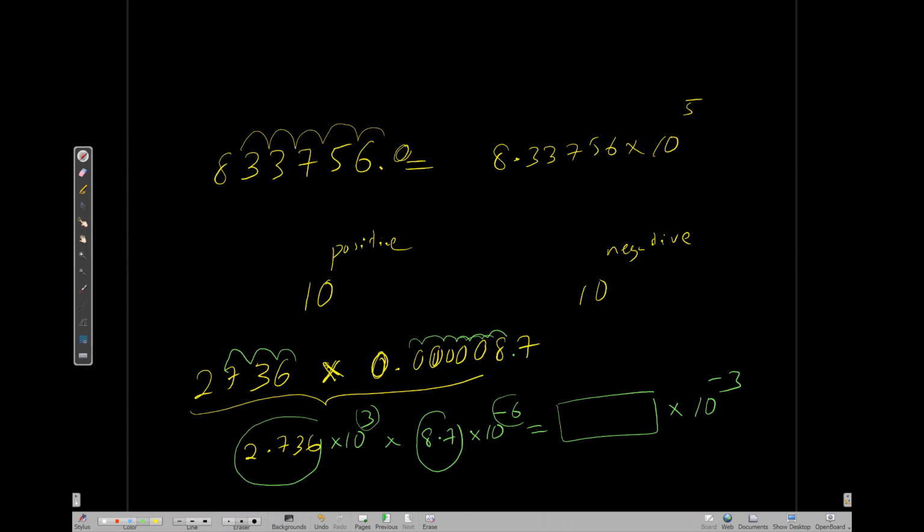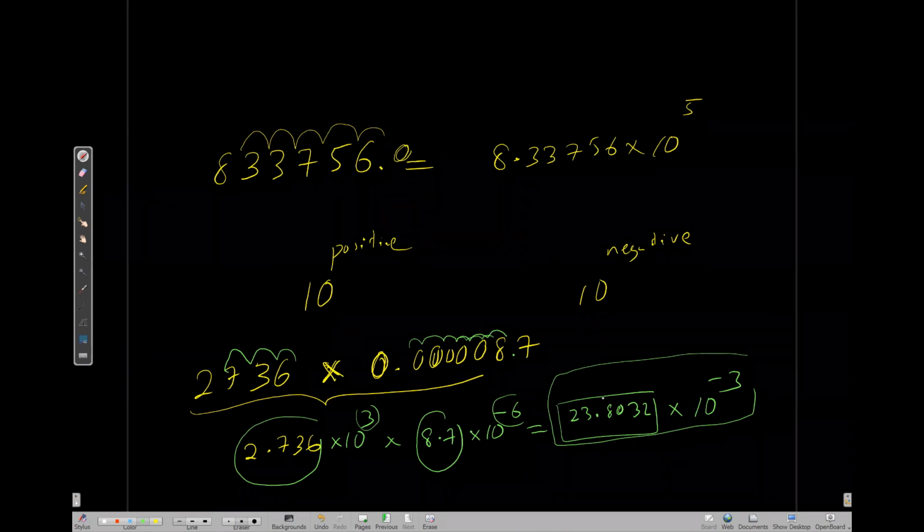Well, you can do it by hand, but now you are getting 23.832. Now, this result is not in the scientific notation. Why? Because the first number is 23. In scientific notation, we write it in actually this form.